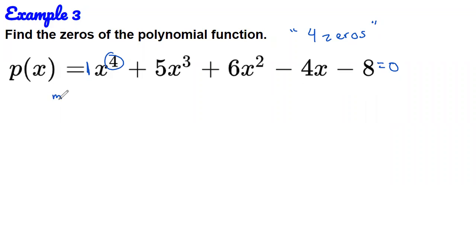So in this case, m over n, what are my possible roots? I have -8 and 1, so -8 over 1, so it'd be plus or minus 1, 2, 3, 4, 5, 6, 7, and 8 in this case.